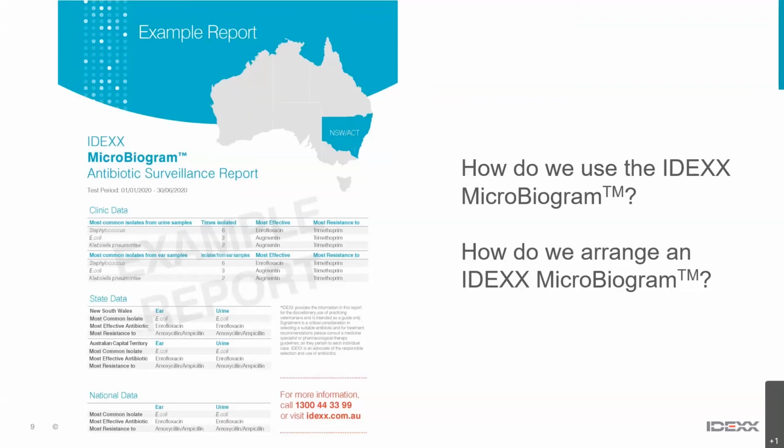Always keep in mind that if it's a patient with recurrent urinary tract infections, or a patient with chronic otitis, getting those culture and sensitivity results is important, but we've also got to direct some of our attention to finding out what the underlying disease is, because with recurrent bacterial cystitis or chronic otitis, there is almost certainly an underlying disease process contributing to these recurrent infections.